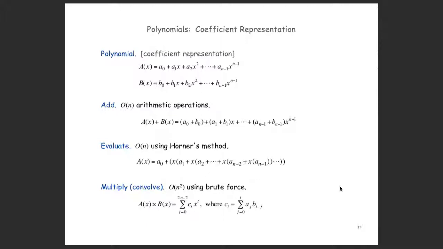Adding is order of n. I just add up all the coefficients, right? In a way, this is the exact same thing as the standard algorithm for addition. To evaluate this thing takes me order of n. You can use Horner's method or just keep track of the x's.